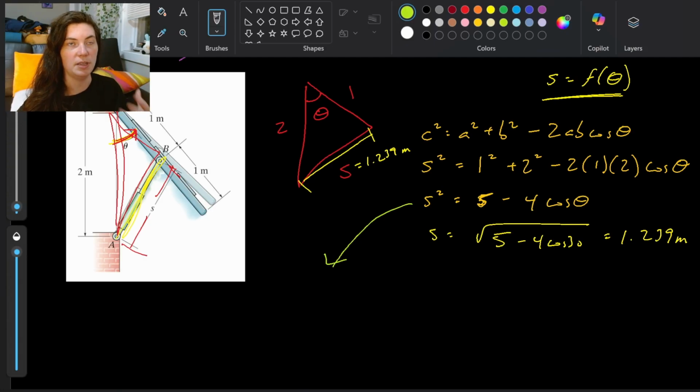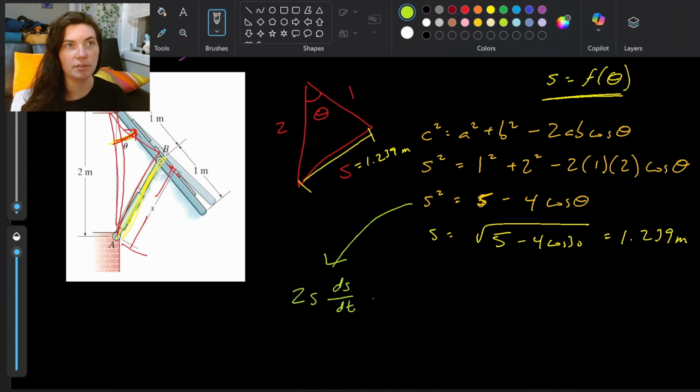It's always going to be with respect to time, which means it's going to be some implicit differentiation. So when I take the derivative of s squared, what I get is 2s ds dt, because it's with respect to time.